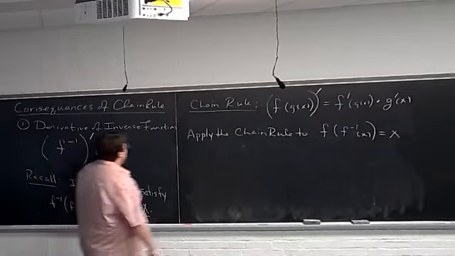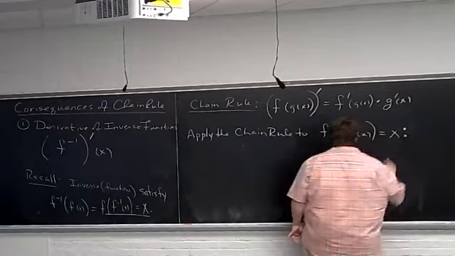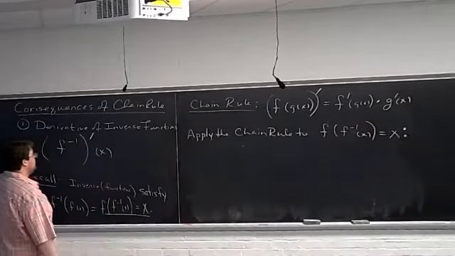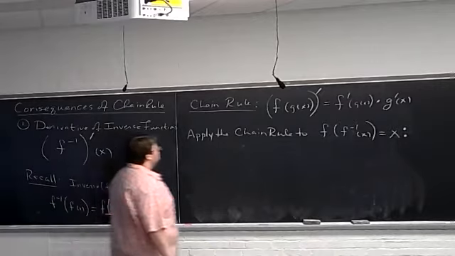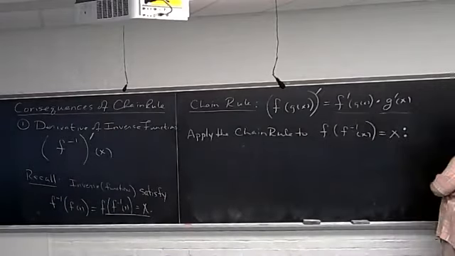And what do we get? Well, the left side is the derivative of the composition. So let's follow our notation here. We have two pieces, this piece and that piece.